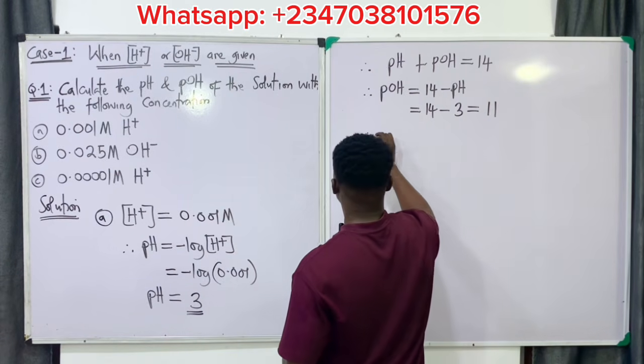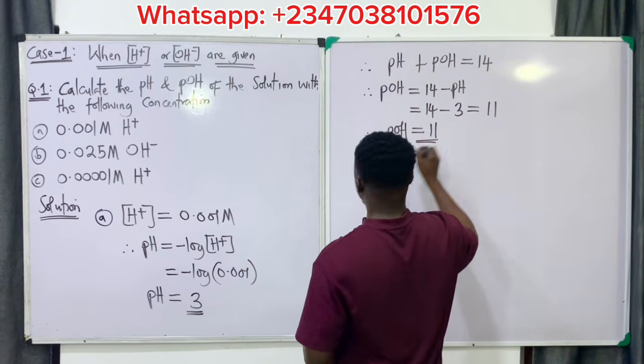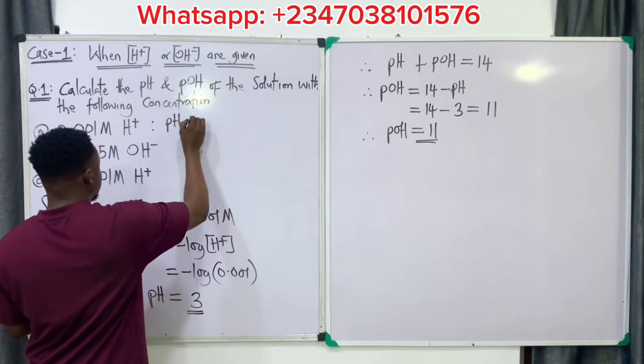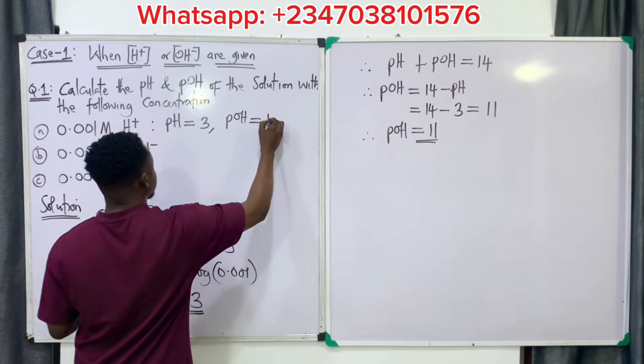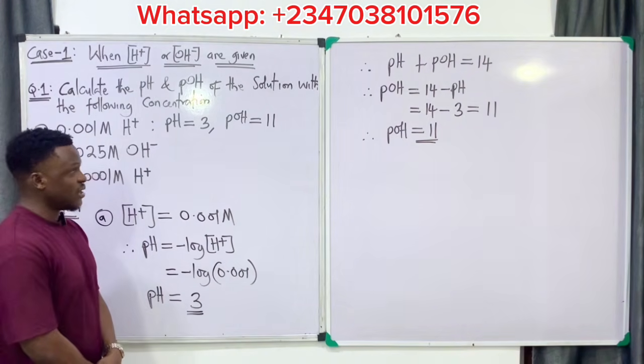So therefore pOH is 11. So for this first question, pH is equal to 3 and pOH is equal to 11. That is how we got the answer to that question.